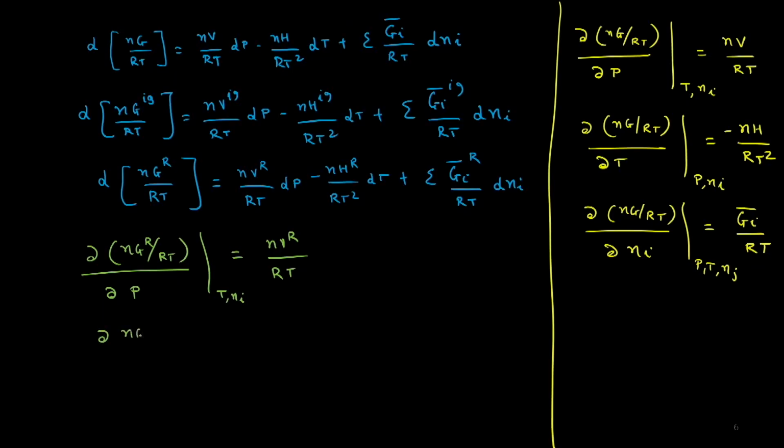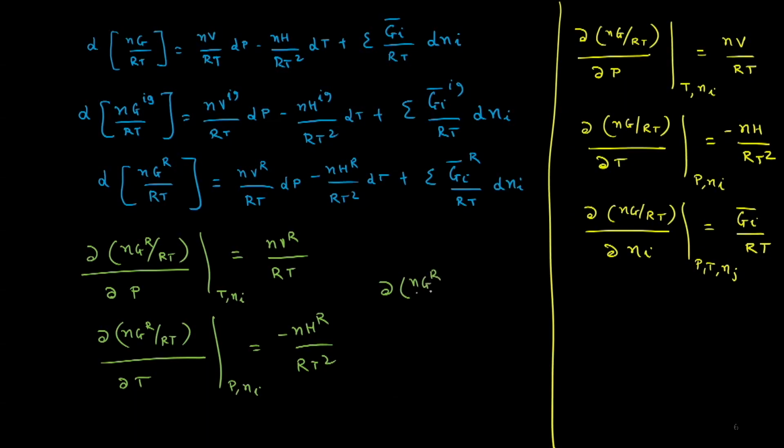Similarly, the derivative of nG^R by RT with respect to T at constant P and n_i is going to be negative nH^R by RT squared. And finally, the derivative of nG^R by RT with respect to n_i is going to be G_i bar R, the partial molar residual Gibbs free energy, over RT. This is the scenario for the residual properties.